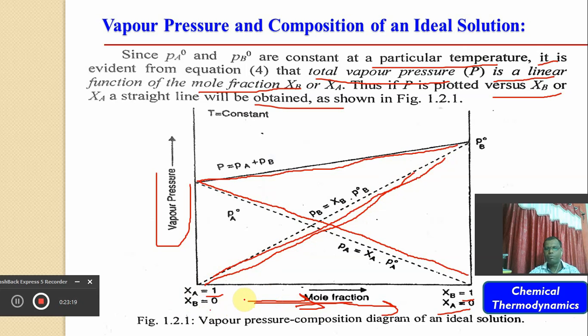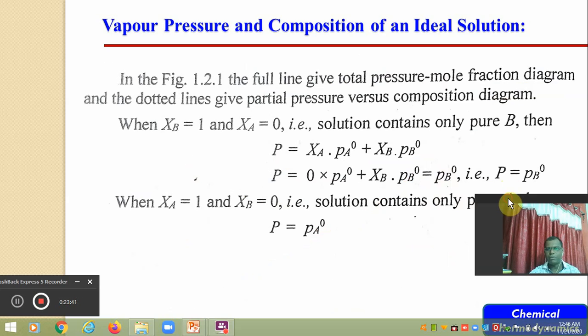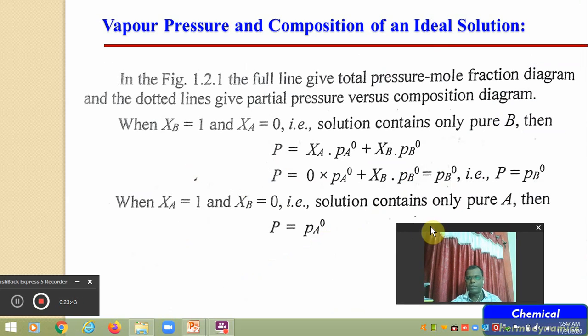But whenever we go from this side to this side, the value of xA goes on decreasing. That's why its vapor pressure goes on decreasing. It's very important to understand how the partial vapor pressure of both liquids changes with their composition. Friends, this is what the figure indicates here.